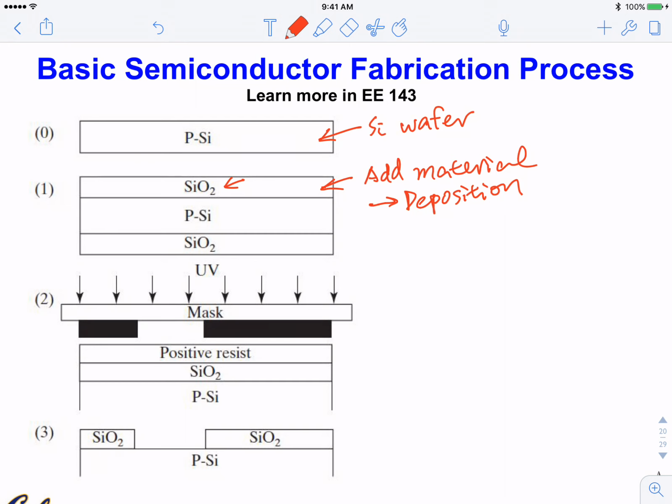You basically put it in steam, and at very high temperature, like 1,000 degrees C, the silicon starts to oxidize. And when they oxidize, they grow very high quality silicon dioxide, which becomes the insulator. That's the first 4 decades of transistors, all relying on very high quality silicon dioxide.